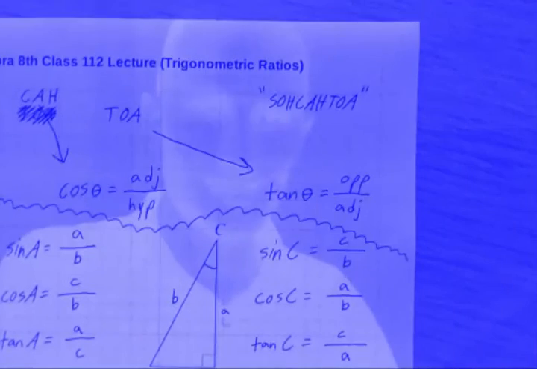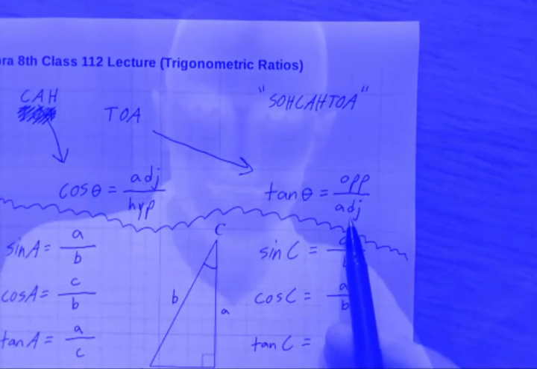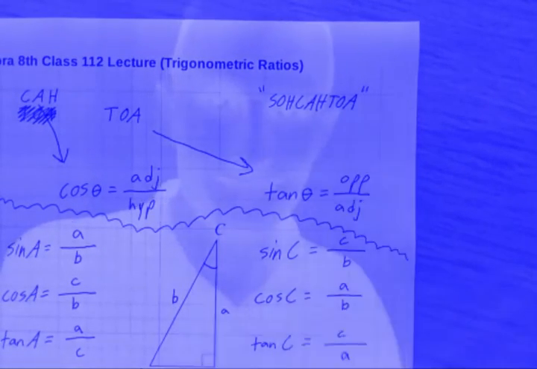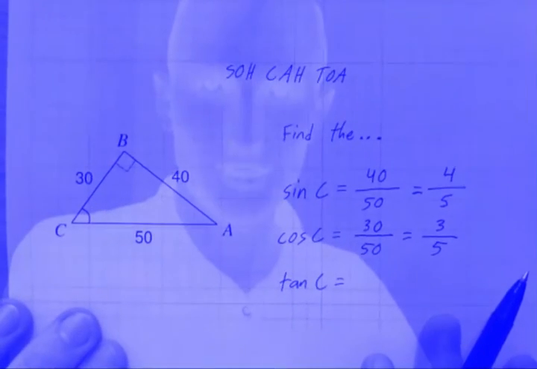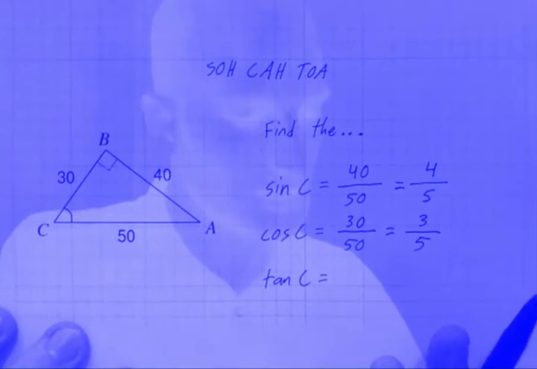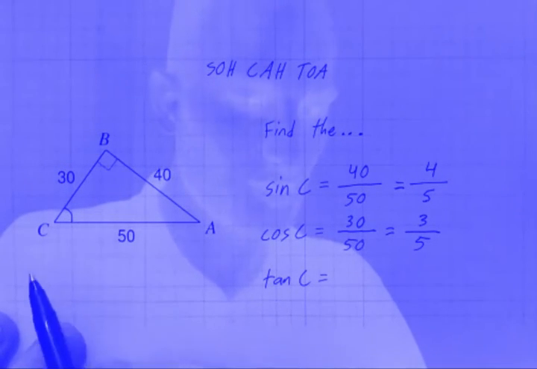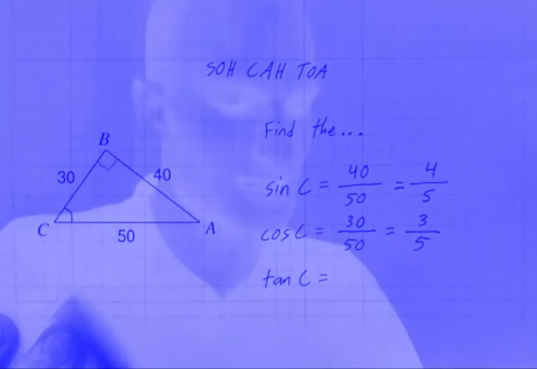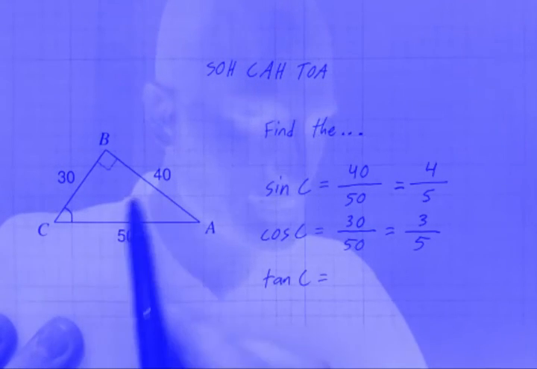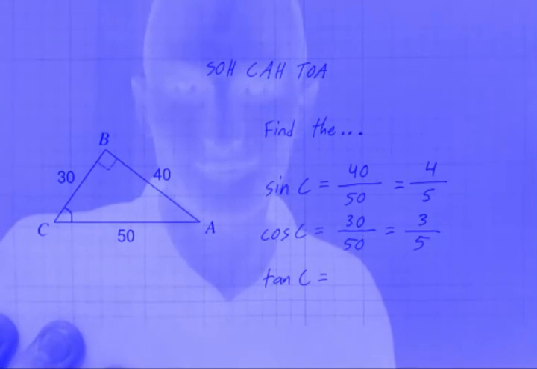Tangent, we know, is opposite over adjacent, right? OA. So what side is opposite C? Well, we already found that with sine, right? Because we already did the O there. So we know the opposite is the 40.